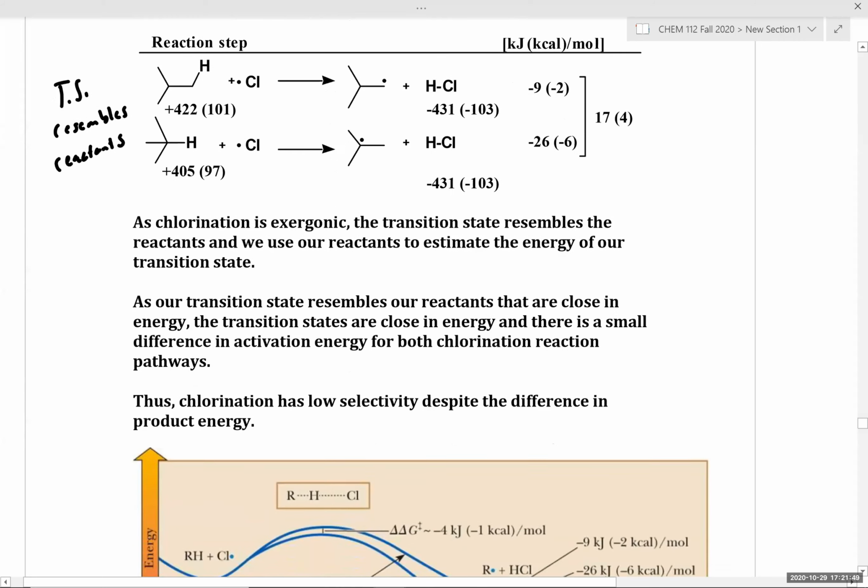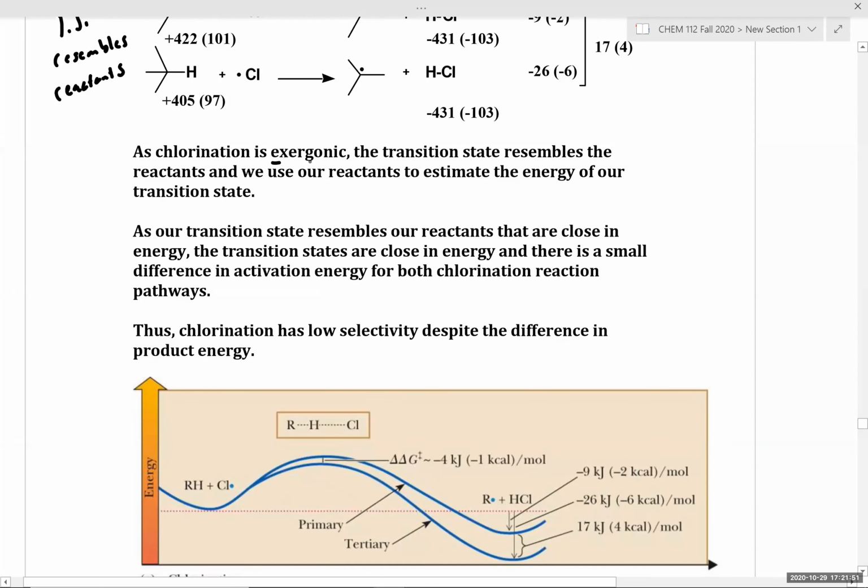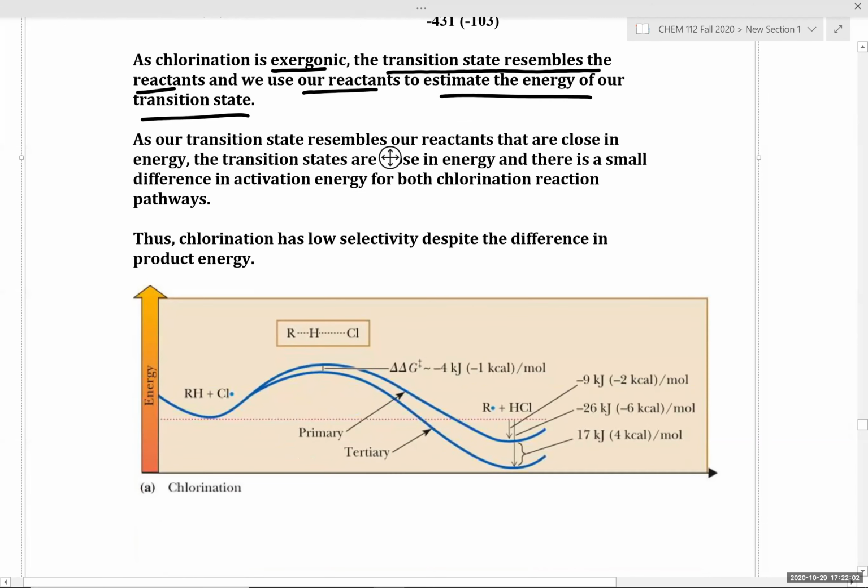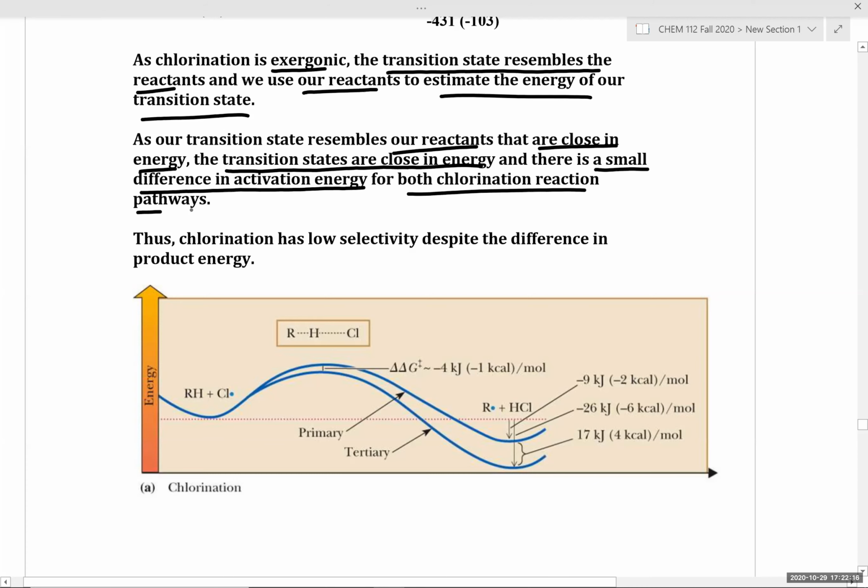To put this another way, as chlorination is exergonic, the transition state resembles the reactants, and we use our reactants to estimate the energy of our transition states. Now, as our transition states resemble our reactants that are close in energy, the transition states in turn are close in energy, and there's a small difference in activation energy for both reaction pathways.